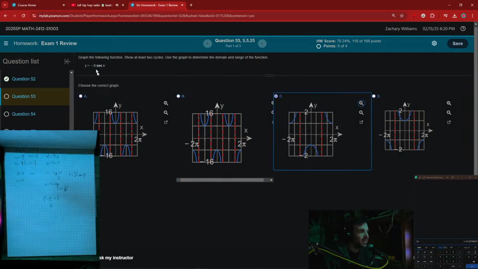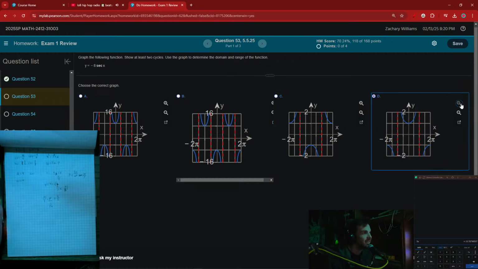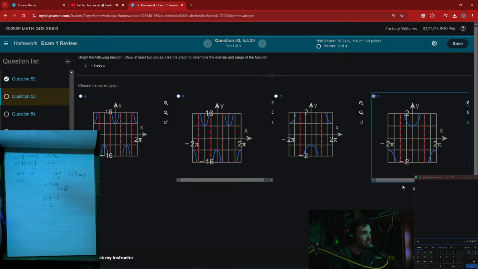Okay, so I think once again with this, we don't have to worry about the vertical stretch on this test. So we just got to find our normal secant function looking graph, and I mean, it's probably this one, right? No. Yeah? That's an inversion.